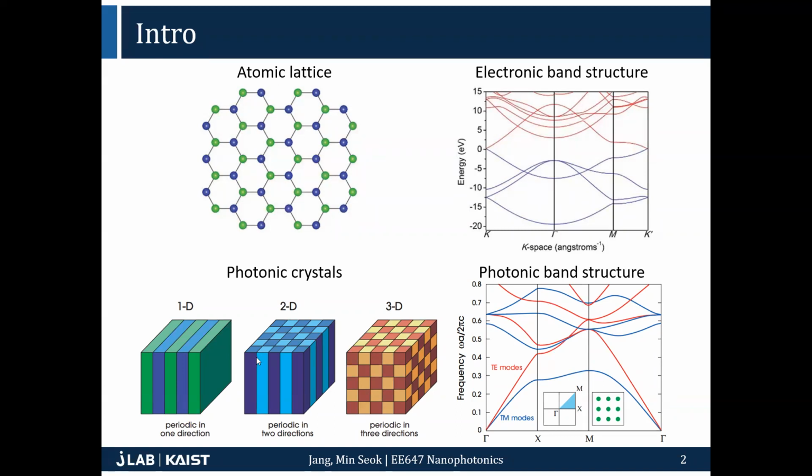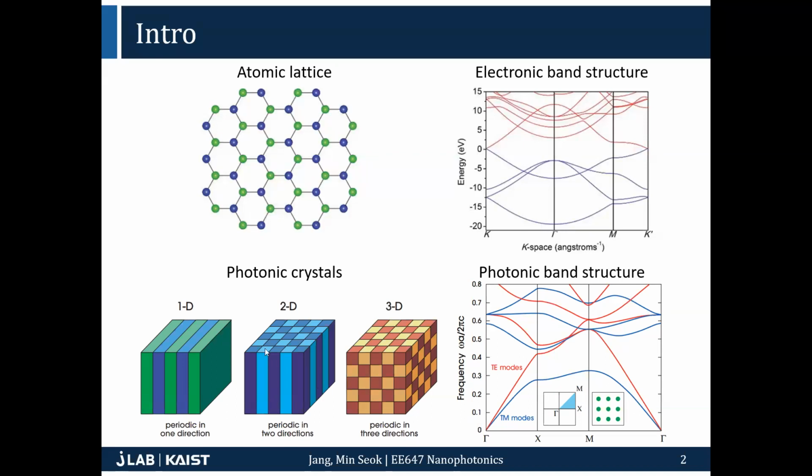And here, using the same principle, if you place optical structures, like different dielectrics alternating in 1D, 2D, or 3D, we can create what is called a photonic band structure, just like the electronic band structure in a solid.